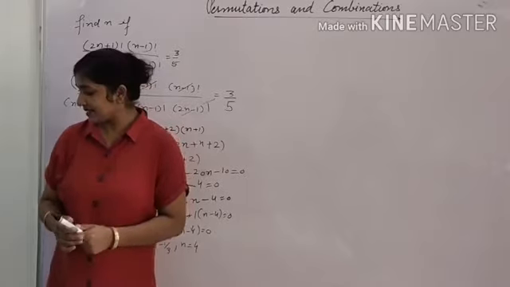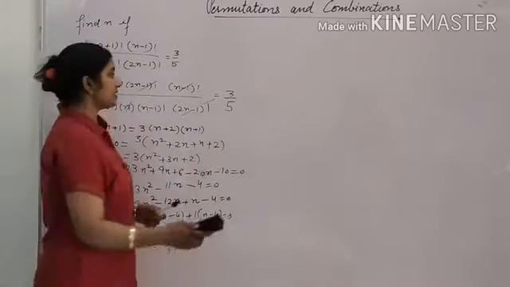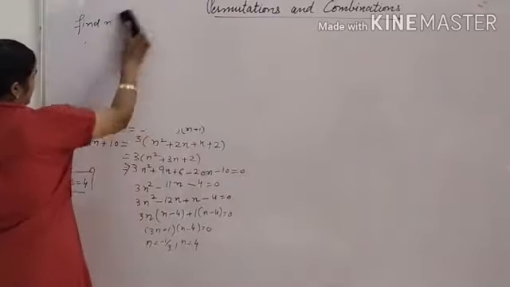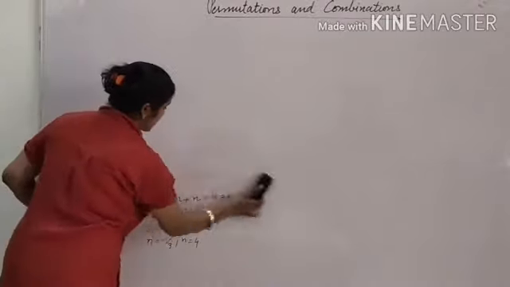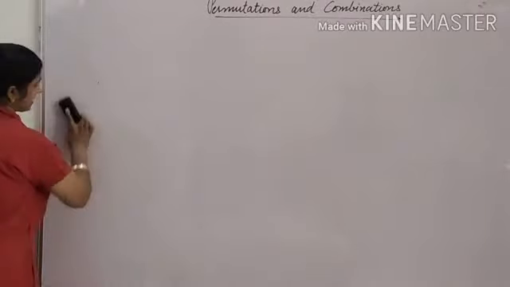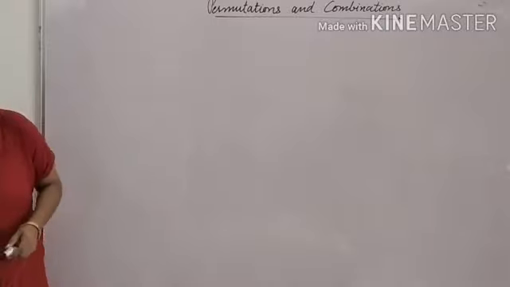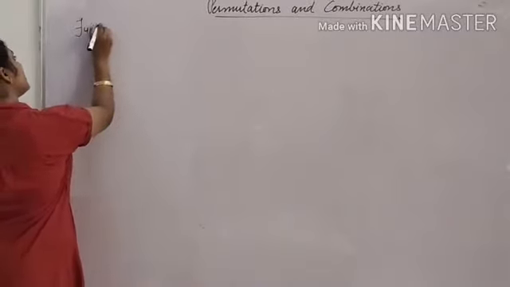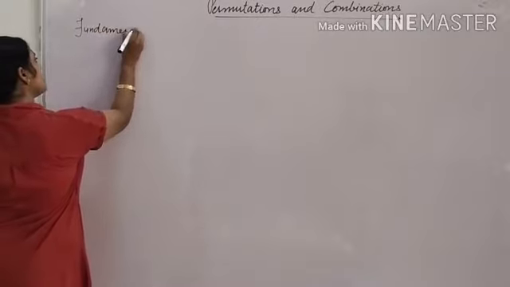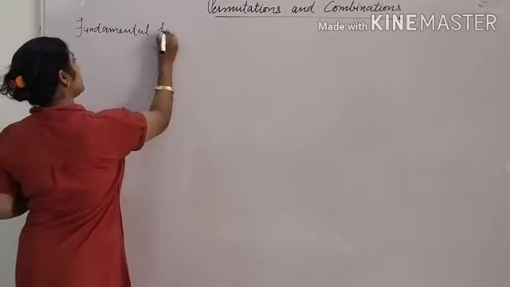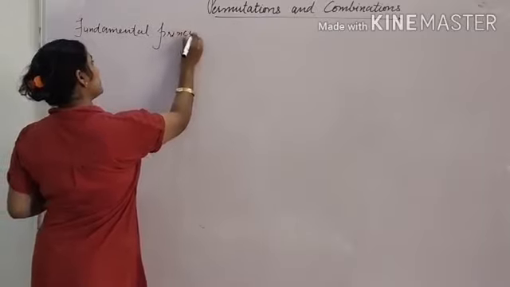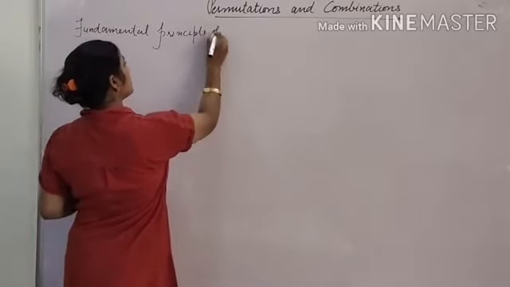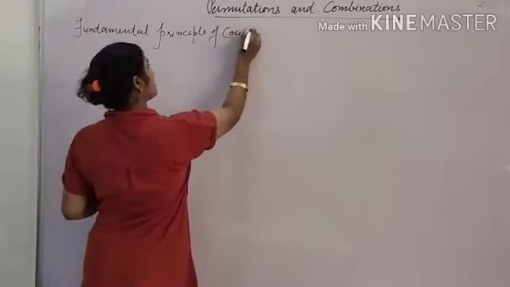Right? Next, we define a very basic principle in case of permutations and combinations, and that is the fundamental principle of counting. That is commonly known as FPC. Fundamental principle of counting.